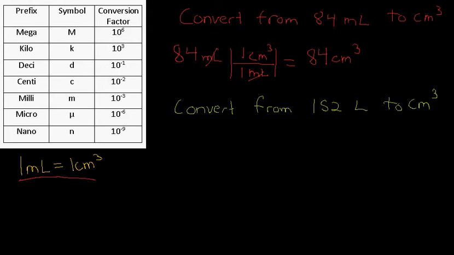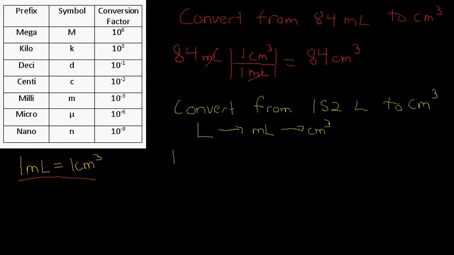So I'm going to draw a little conversion track here. I know I can go from liters to milliliters, and then from milliliters to centimeters cubed. This conversion track's particularly helpful as you get into the more challenging problems where you might have to do 5 or 6 conversions in one step.